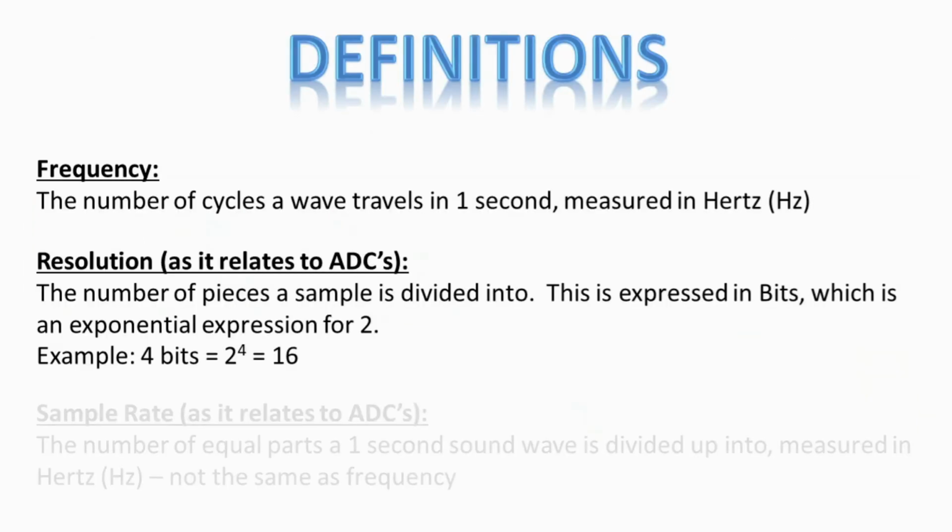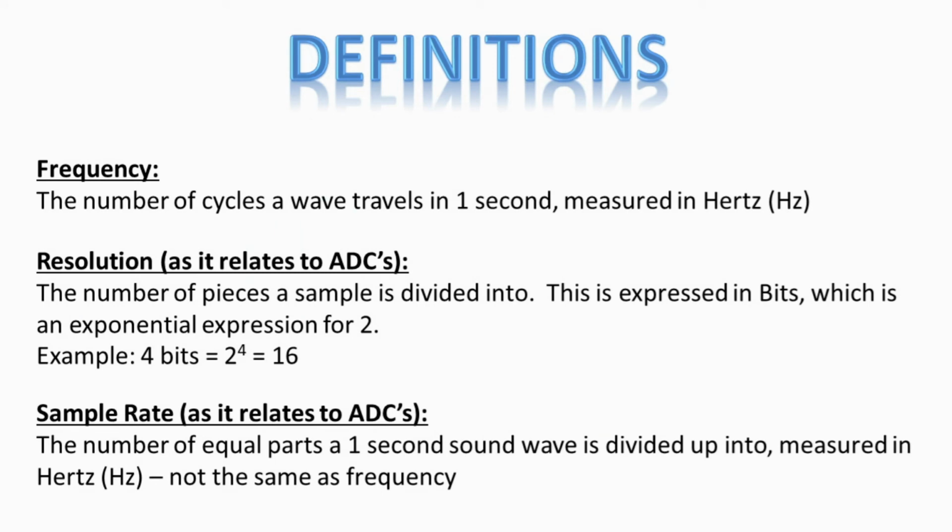Our last definition, of course, is the sample rate as it relates to the analog to digital converters. The sample rate is the number of equal parts that a 1-second sound wave is divided into. And that is measured in hertz, not to be confused with the frequency, which is also measured in hertz.